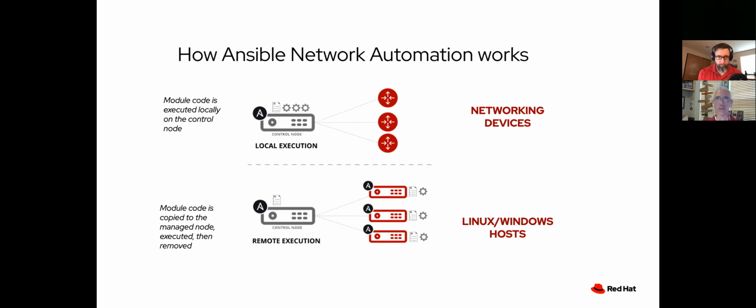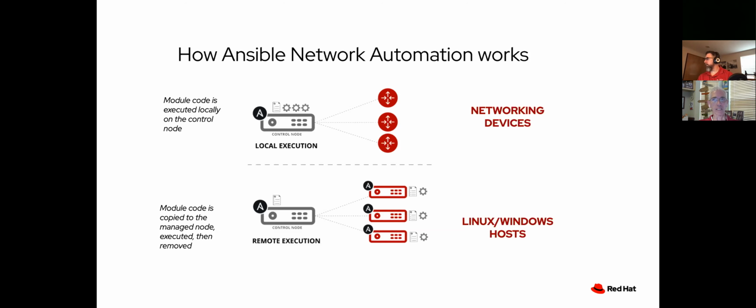When you're working with something that you can log into, primarily Linux and Windows systems, Ansible will take the module code, transfer it to that remote device, and execute it over there. For Windows systems, the module code is typically written in PowerShell. For Linux, it's written in Python. And those systems have a Python interpreter so they can run the module.